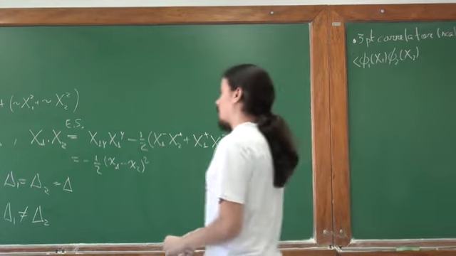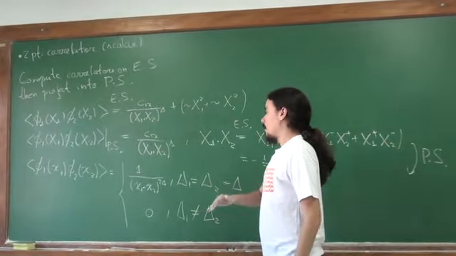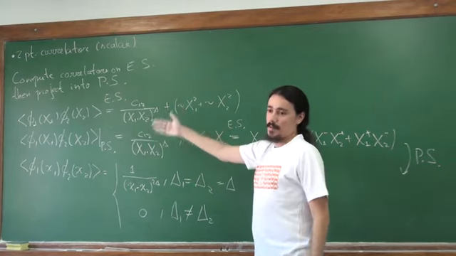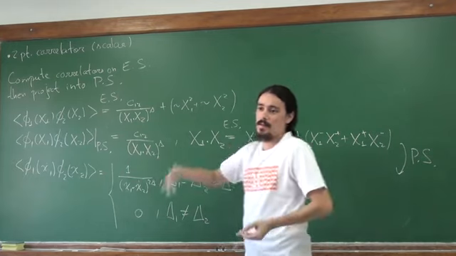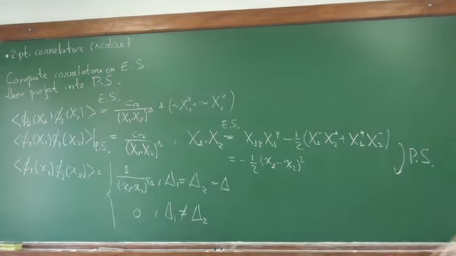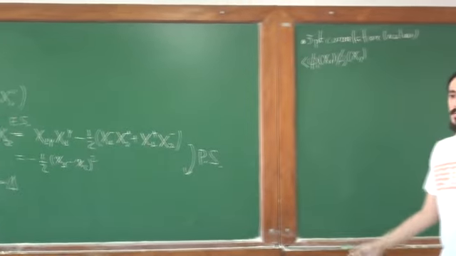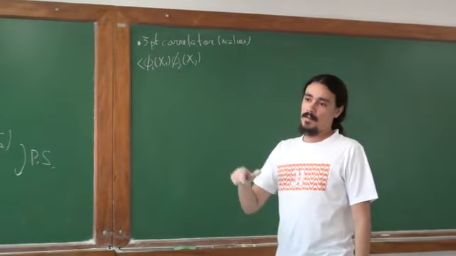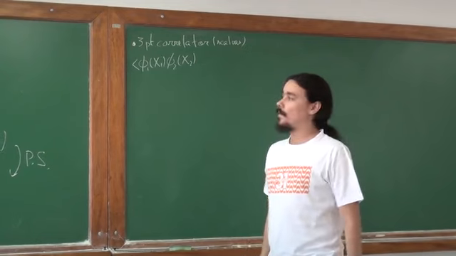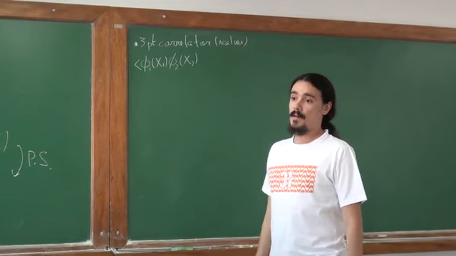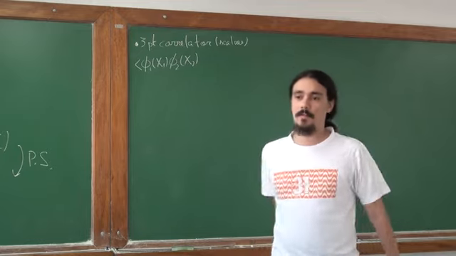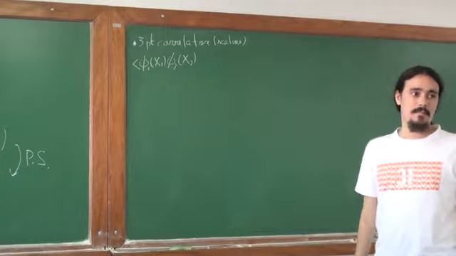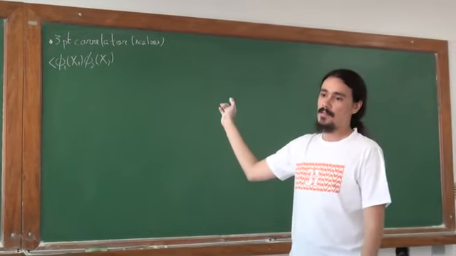For the amount of work, through the embedding formalism or through the pedestrian way is basically the same. But as you go to higher point functions, this becomes more powerful, and especially if you do correlation functions of spinning particles or spinning fields. But in this class, I want to discuss the scalars.